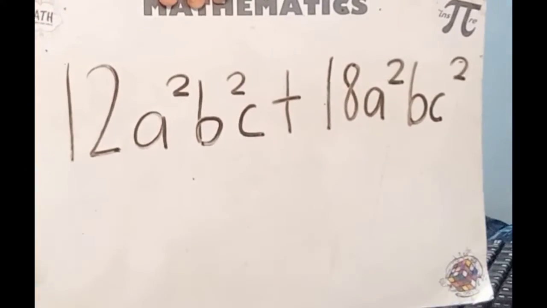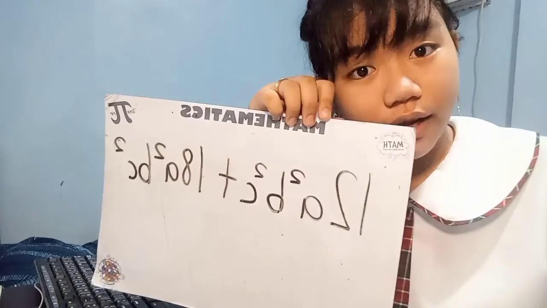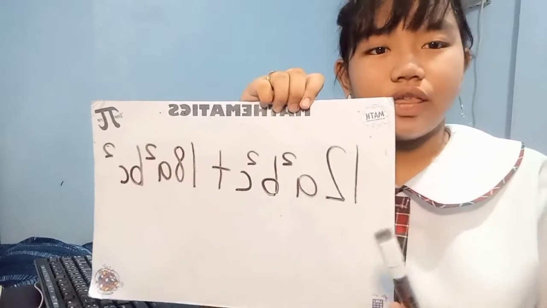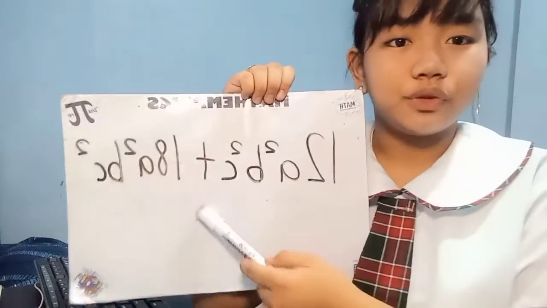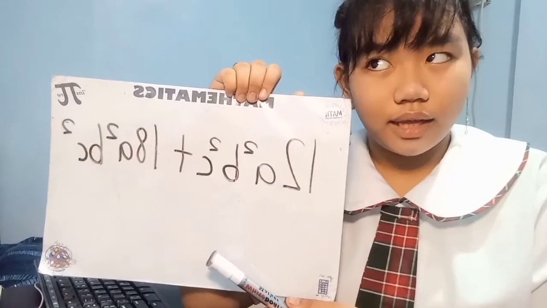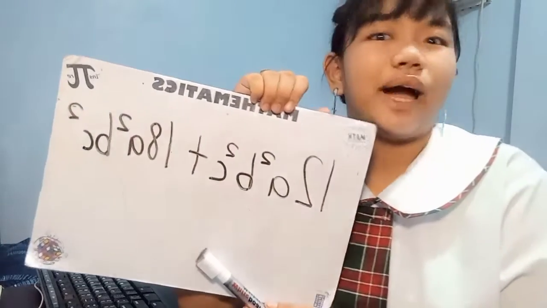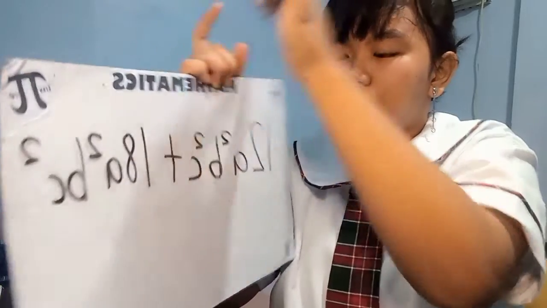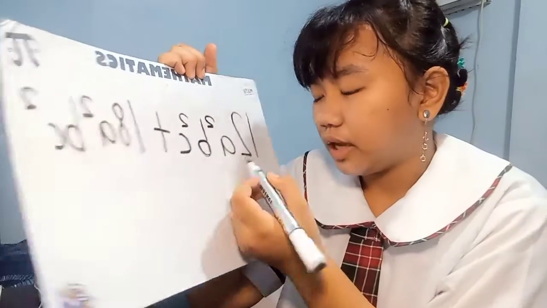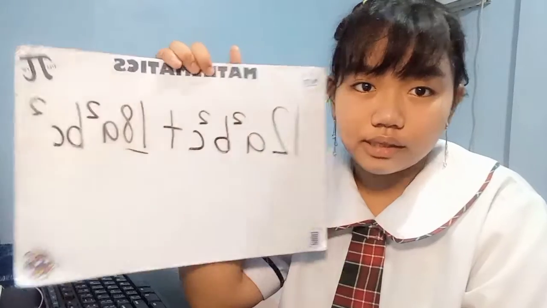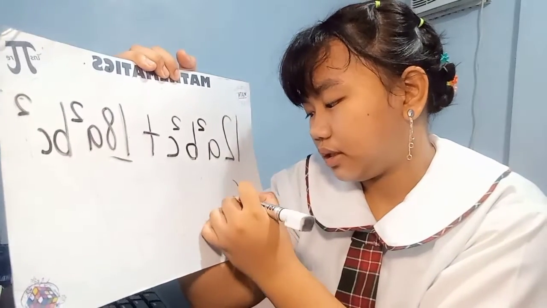The first step is we're going to find the GCF of the numerical coefficients in these terms. We have two terms. This is what we call a binomial, from the word bi, which is two. We're going to find the GCF of 12 and 18. The GCF of 12 and 18 is 6.